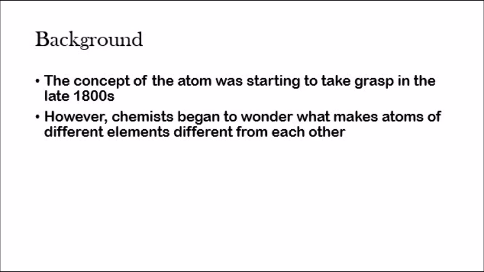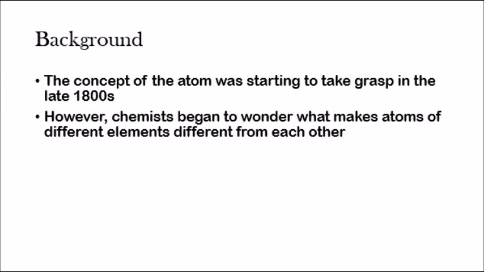We know that an element is made up of atoms, right? And an element is different from others because the atoms which make up that element have variations, but they didn't know where those variations came from. So that's where scientists began thinking about what makes atoms of different elements different from each other.